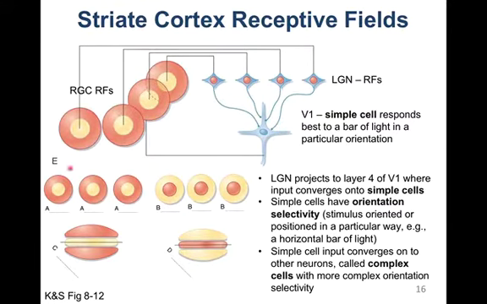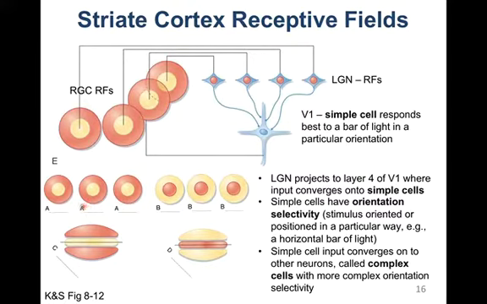So let's look down here at the bottom left. If these are the receptive fields of the retinal ganglion cells, which would be similar to the receptive fields of the lateral geniculate nucleus neurons, imagine what the receptive field would look like if we squished these closer together. Move them closer and closer and closer together. Squish them.